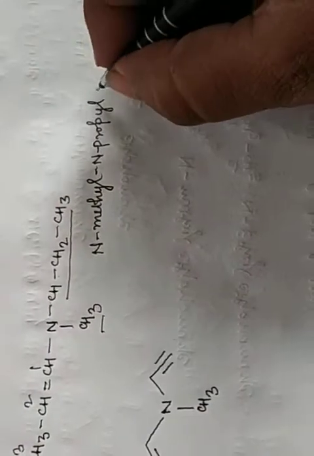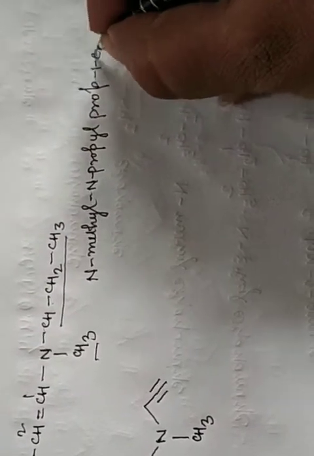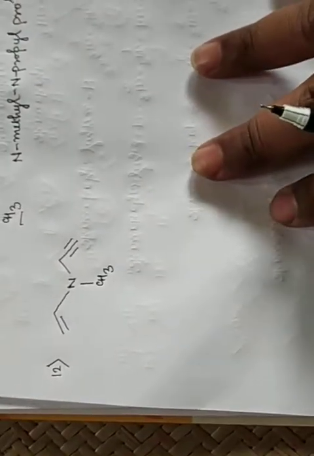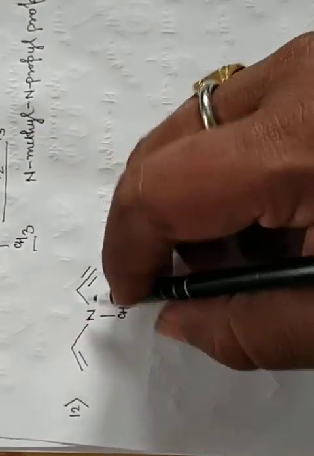It means prop. And at which carbon is the double bond? 1. Prop 1 ene, and E replaced by amine. 1 amine. Clear?